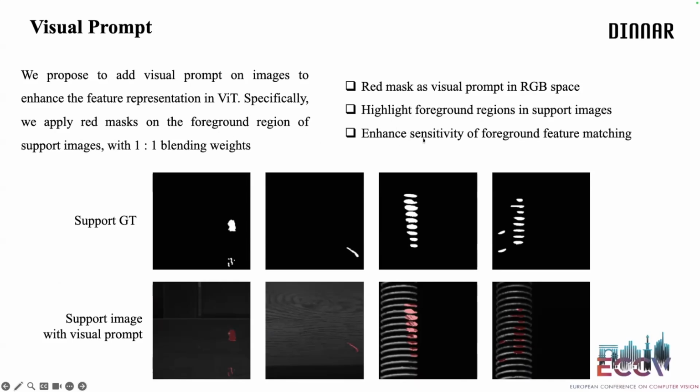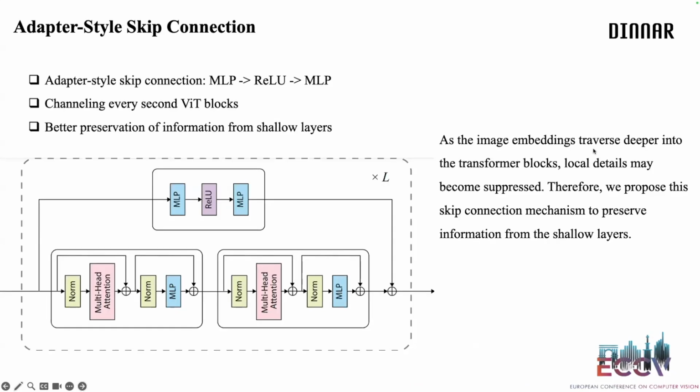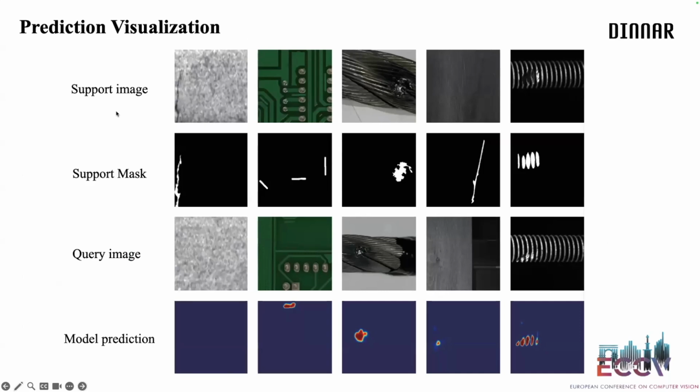And we found that this will enhance the sensitivity of the foreground feature matching. And also, to better preserve the information from the shallow layers of the ViT, we also add a learnable skip connection. And this is the visualization of our prediction results.